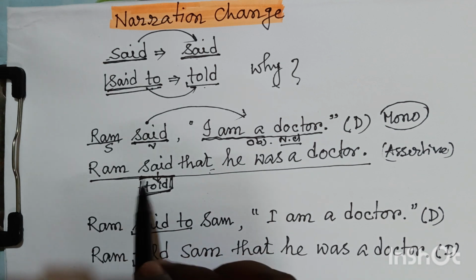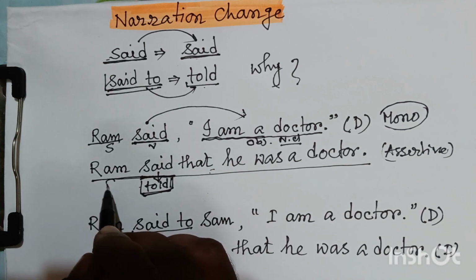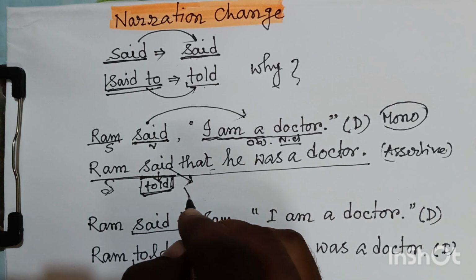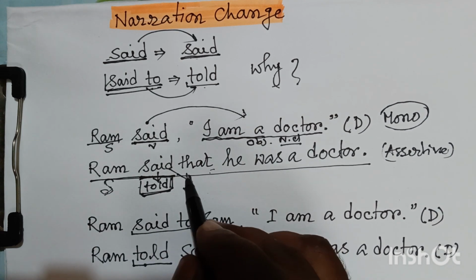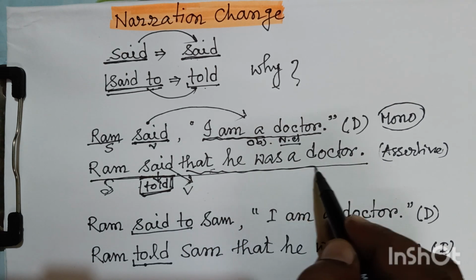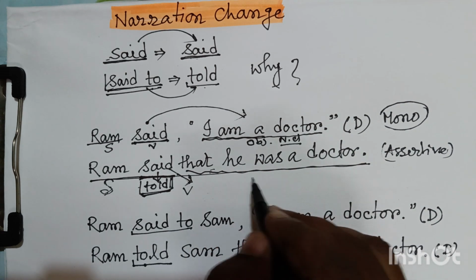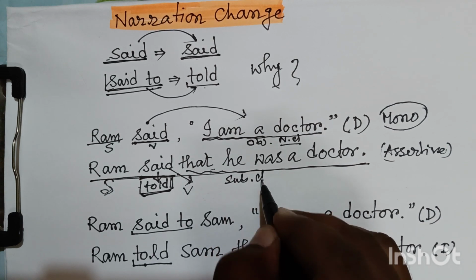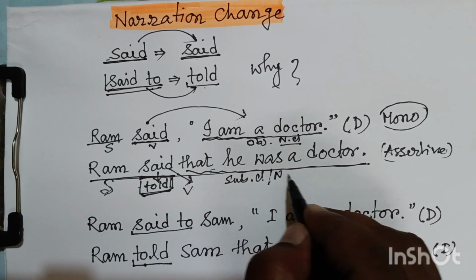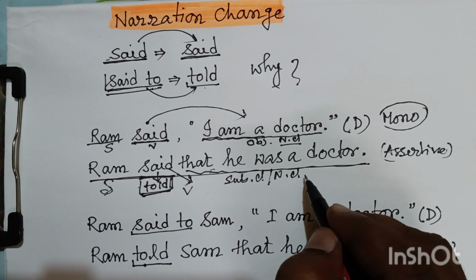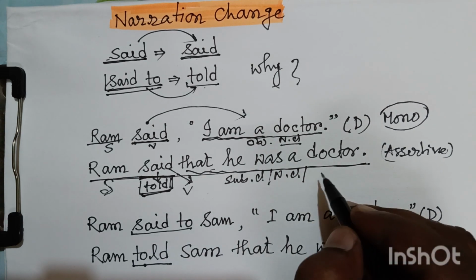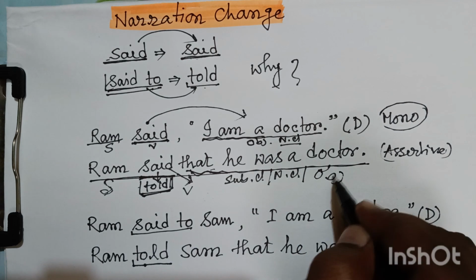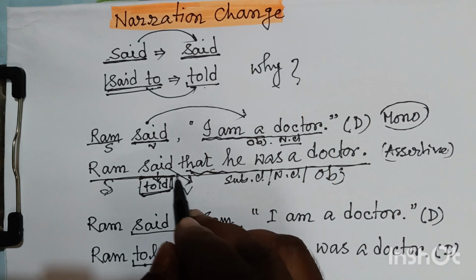So look at this. Ram is the subject in my indirect speech. Said is the verb. As it is a monotransitive verb, the entire clause, this subordinate clause, and obviously it's a noun clause, this entire clause is used as the object of the verb said.